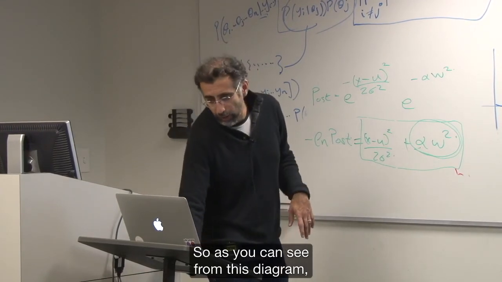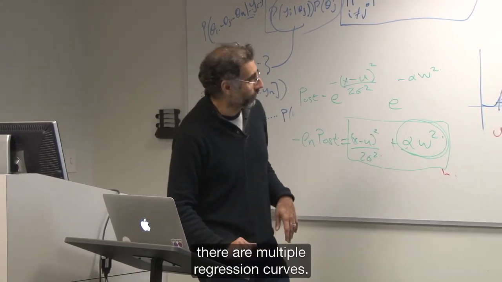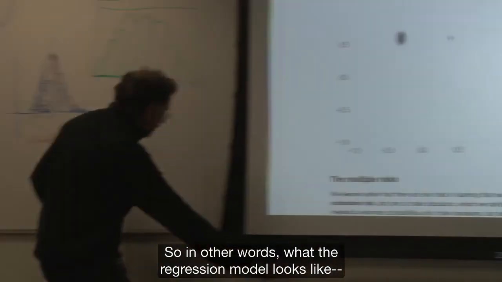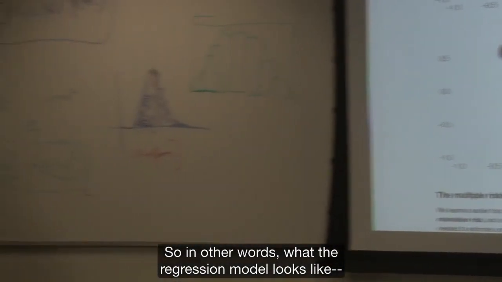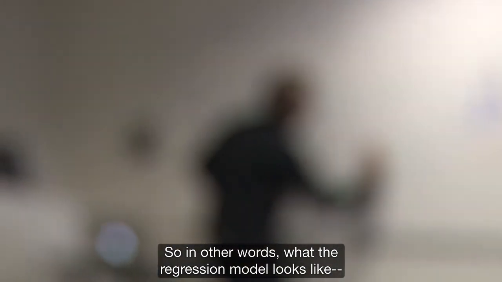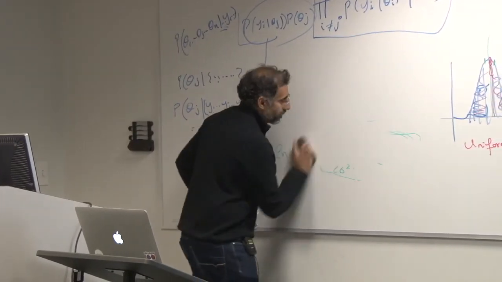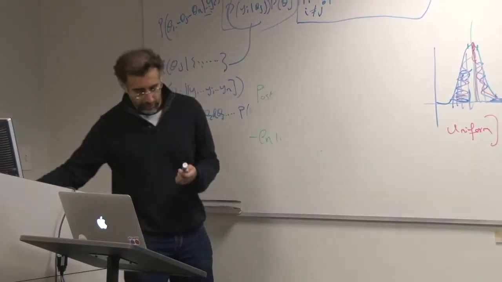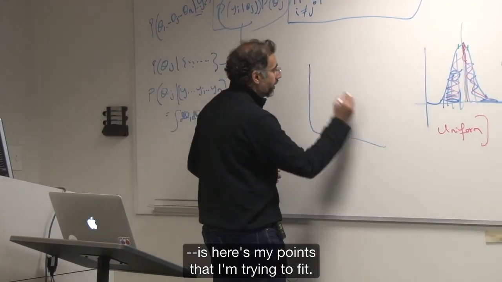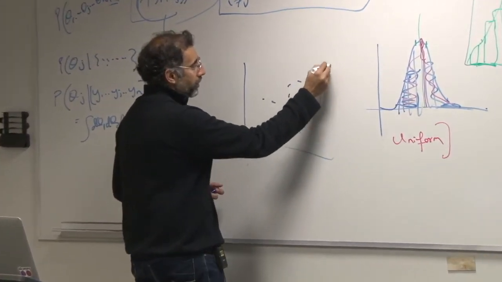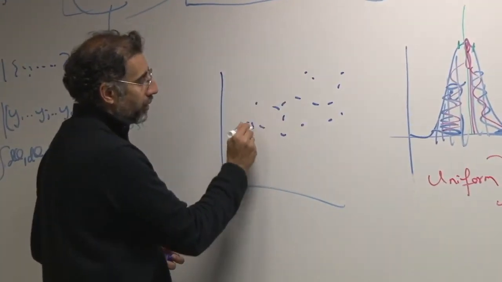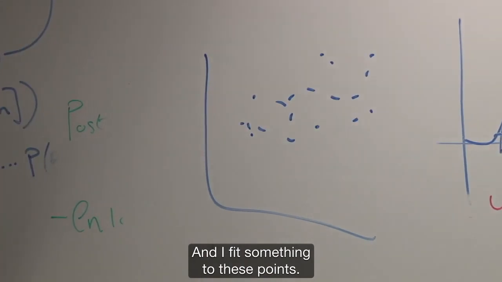So as you can see from this diagram, there are multiple regression curves. So in other words, what the regression model looks like is here are my points that I'm trying to fit, and I fit something to these points.